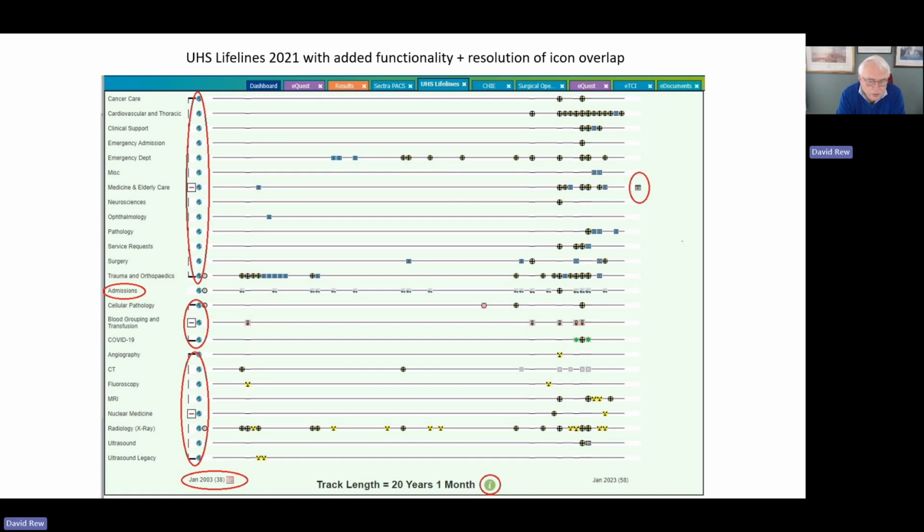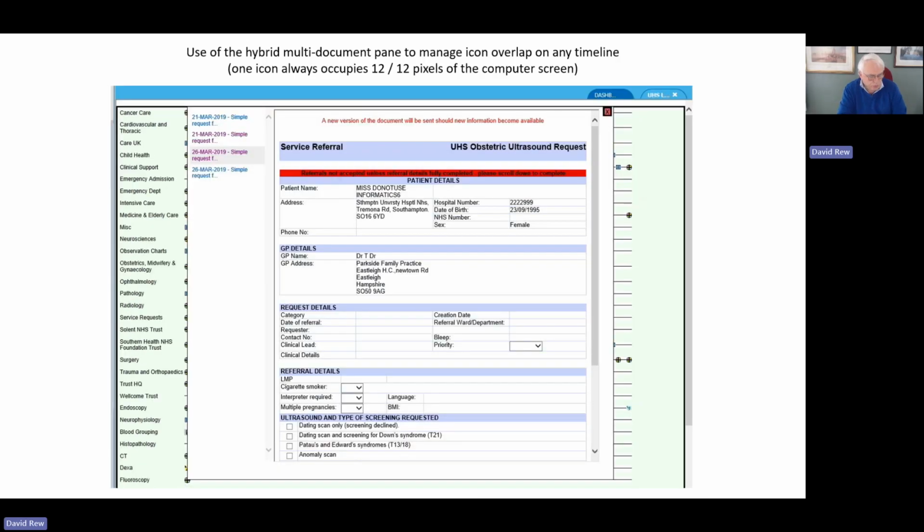So we spent a lot of time thinking about this, and we eventually did some work with students at the School of Information Technology down at Southampton Solent, who were interested in doing some projects. And we came up with this solution, which is a hybrid solution. Where you see the cruciate icon, or what I call the hot cross bun icon, if you click on that, that displays all of the similar time point documents underlying it in a hybrid frame.